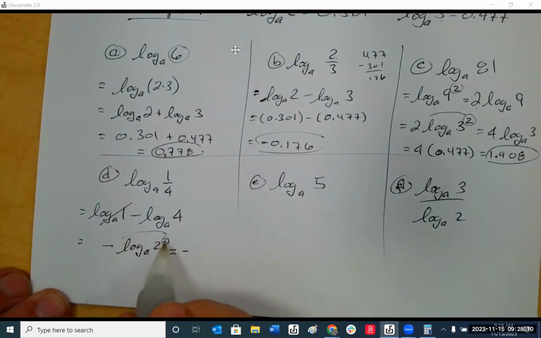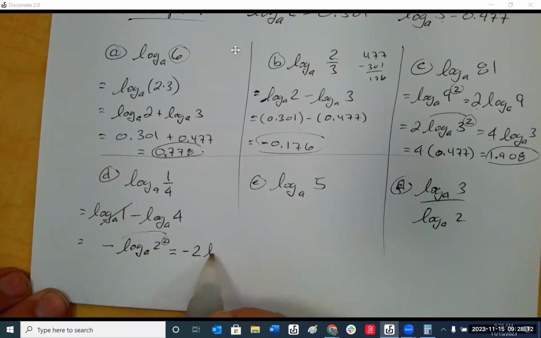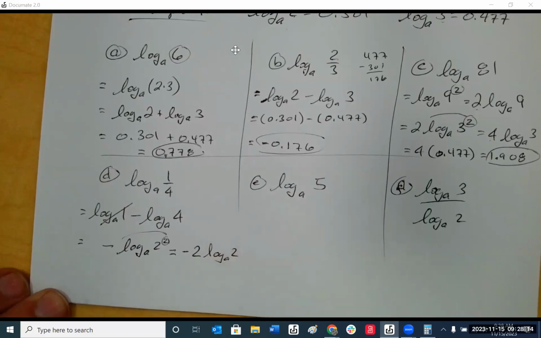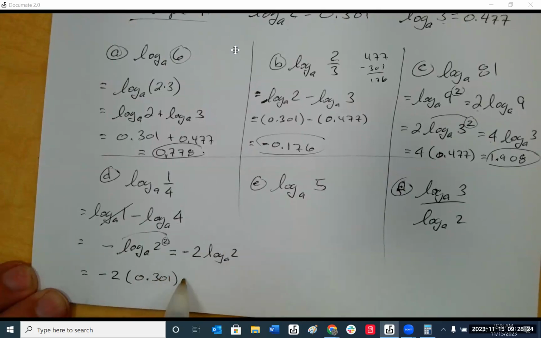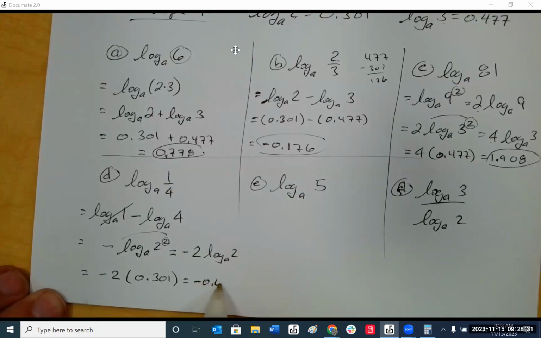So that exponent goes out in front. So it's negative 2 log base a of 2. And log base a of 2 is 0.301. Answer would be negative 0.602.